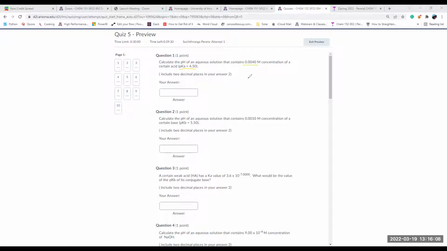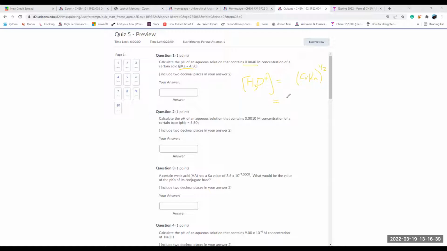Now, for a weak acid, we know the H3O plus concentration is equal to the square root of the initial concentration, C naught, times Ka. Now what we need to do is plug in the numbers.